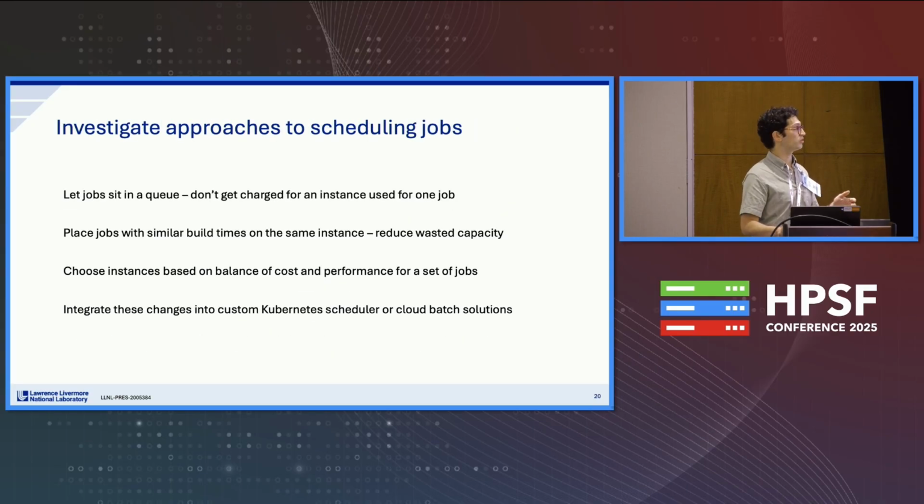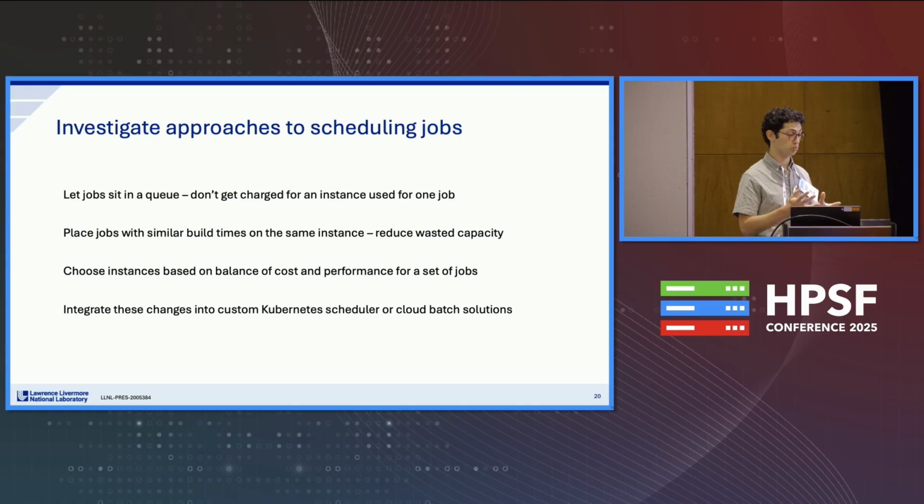What we also want to do is investigate approaches to scheduling jobs. The current way we're doing it is through Karpenter, where you could potentially spin up an entire instance for one job if you have nothing else ready to go. So we don't really want to get charged for an entire instance if it's only going to get used for one job.